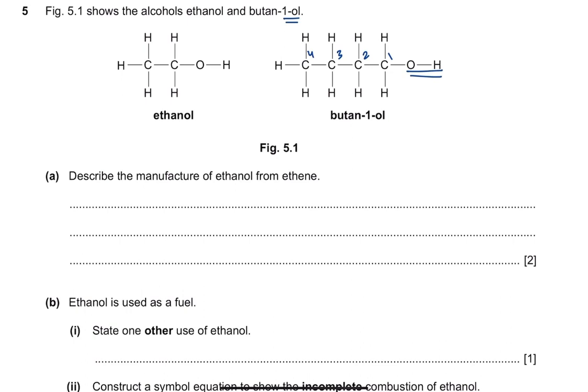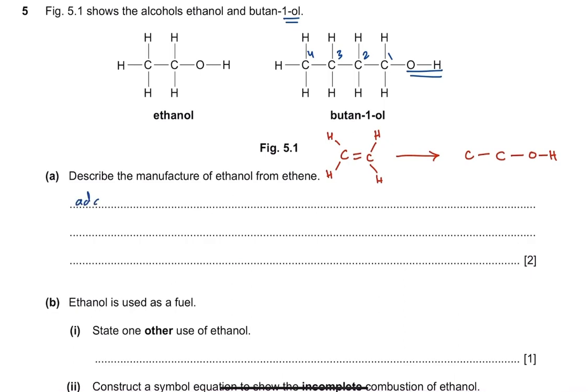Describe the manufacture of ethanol from ethene. Ethene is an alkene, and in order to convert it into ethanol, the process that we go for is called addition of steam, or hydration.